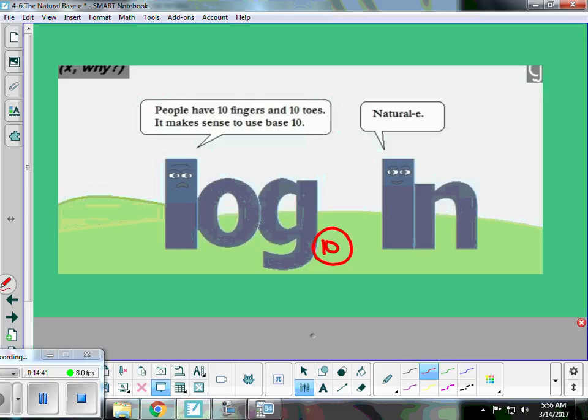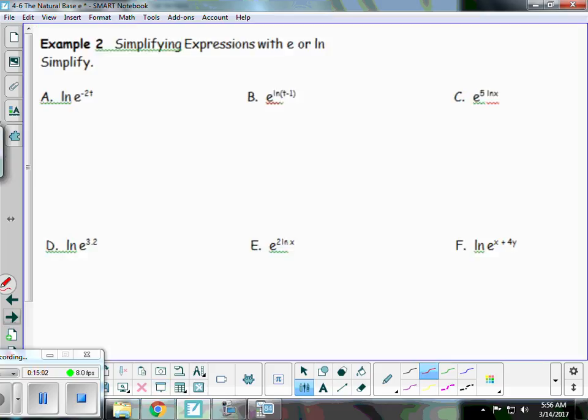Then the natural logarithm's argument is a base of e, so naturally, you know, 10 fingers, 10 toes. So anyways, I guess the logarithms have their little arguments here on who's better. Well, right now we're focusing on the natural base e.